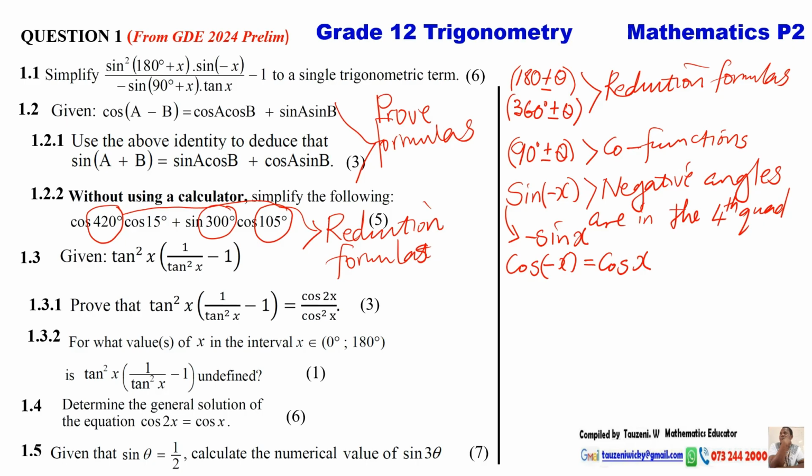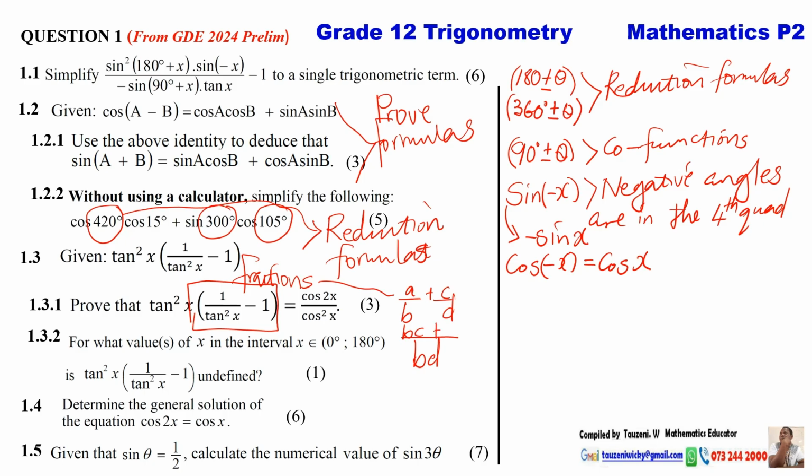Then number 1.3, we have an identity. So for this one, we may need to remember fractions here. How do you simplify fractions? Addition and subtraction of normal fractions. We know that if you are adding fractions, for example, a over b plus c over d, then we multiply b times d to get one denominator, and then we cross multiply: a times d and b times c.